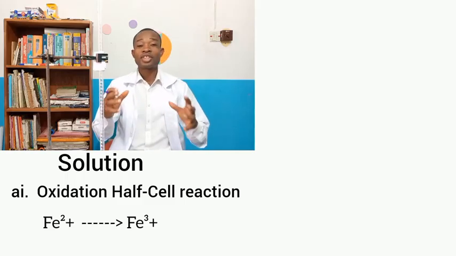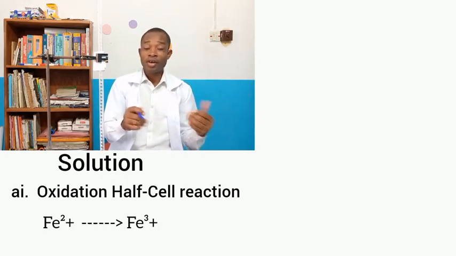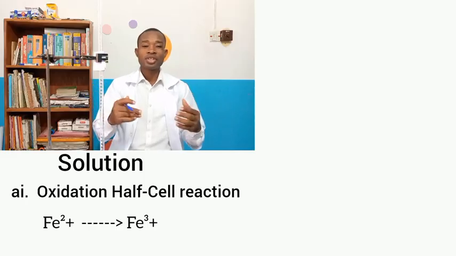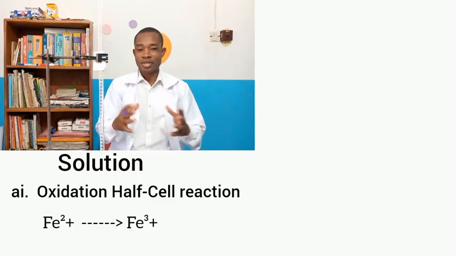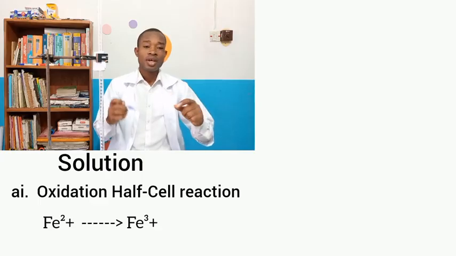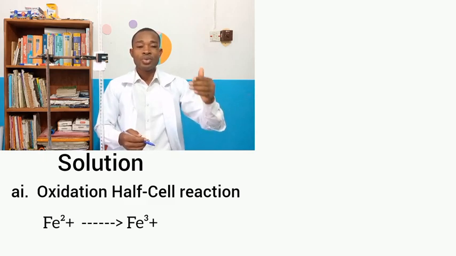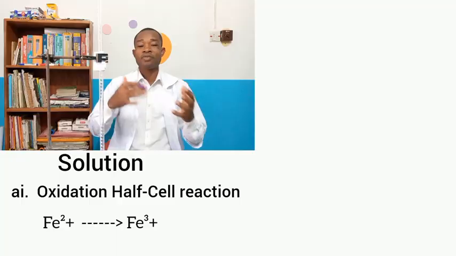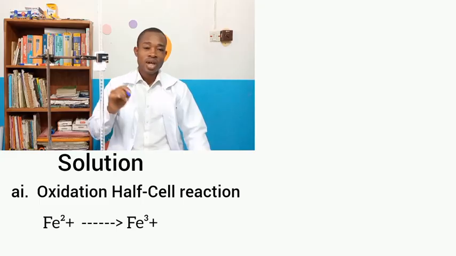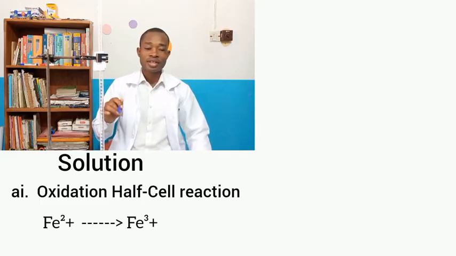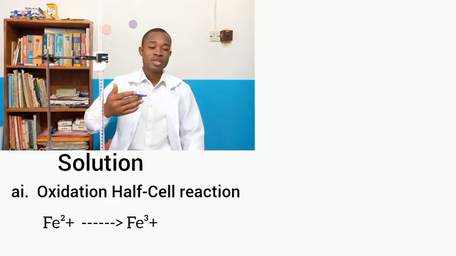The reason is that electrons are negatively charged. So if you add it to any part of the reaction equation, what the electron you added would do is to reduce the oxidation number. Since the oxidation number in this case is plus, adding an electron to that iron 3 on the product side will reduce the oxidation number because you're going to have plus minus. And so the reaction equation goes in this form. Iron 2 ion in the reactant goes to product, giving us iron 3 ion after being oxidized.